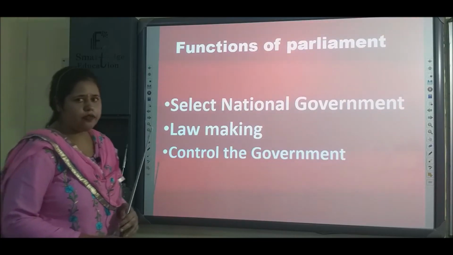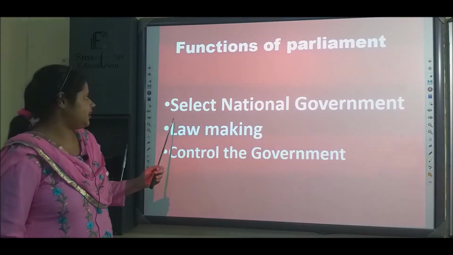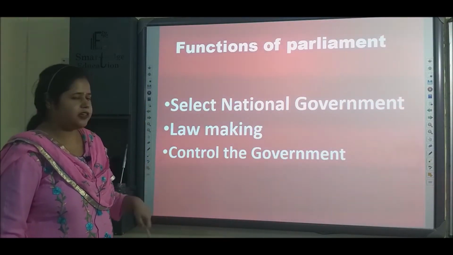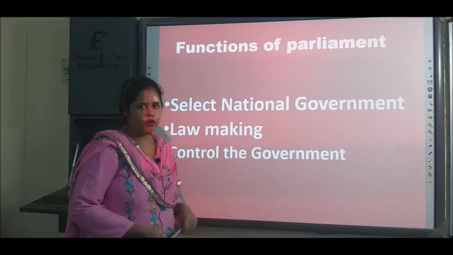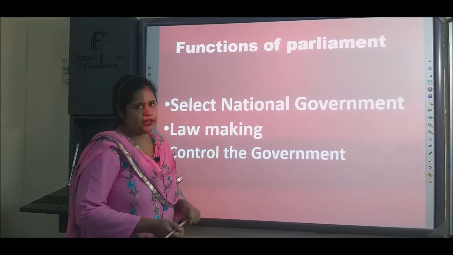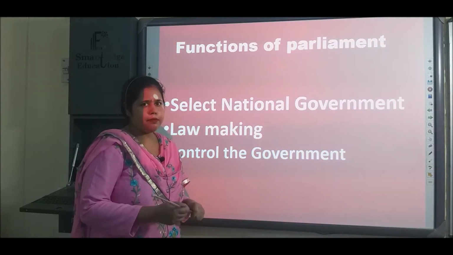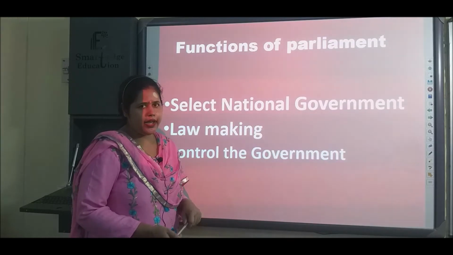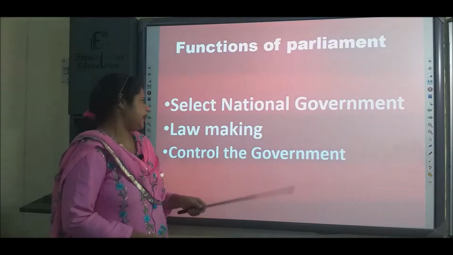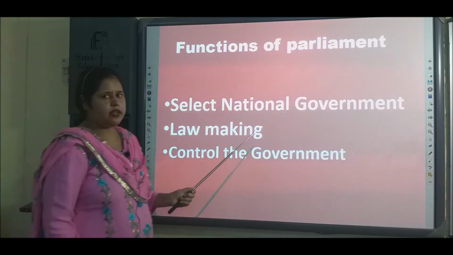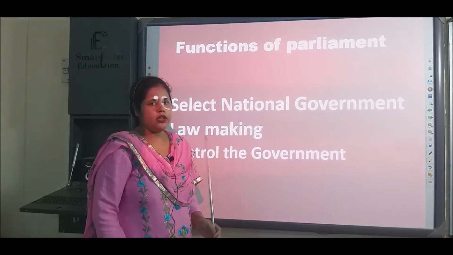Functions. Now we will talk about the functions of parliament. The first one is to select a national government. It means that the party which gets the majority of votes makes the national government. The head of that party becomes PM and he does all the main functions in the country. And law making is the foremost, most important function of parliament.